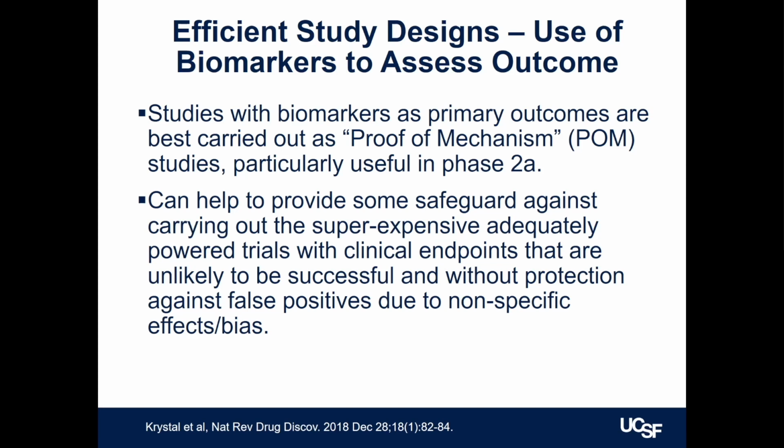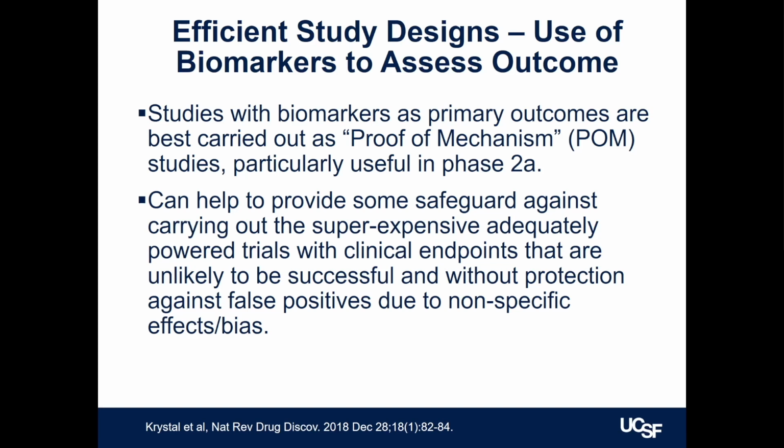Really, what you can have with a biomarker is both a smaller sample size and at the same time some safeguard against carrying out the super expensive studies, adequately controlled with clinical endpoints, that are needed to show effects, and also to address to some degree the likelihood that you have a trial that's positive, but it's due to nonspecific effects and bias.